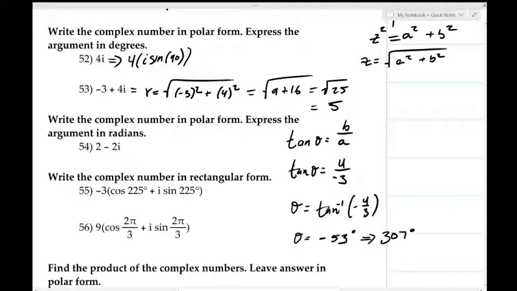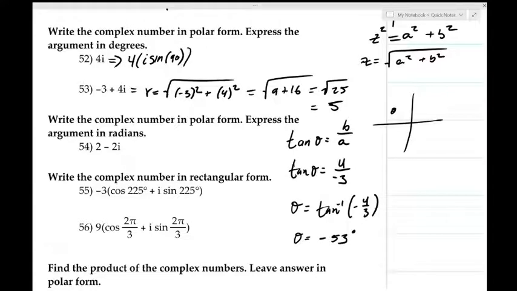So actually, take it back, since that point is in the second quadrant, right? So be careful and try to get the reference value for that, okay?